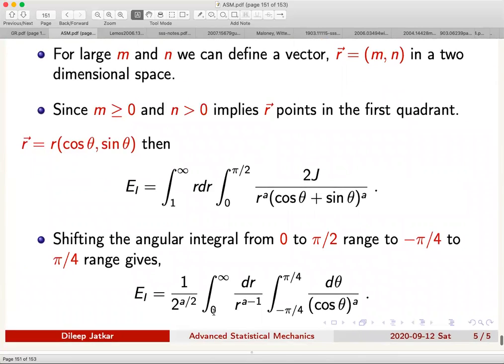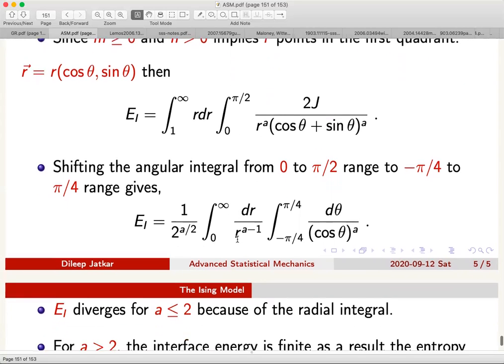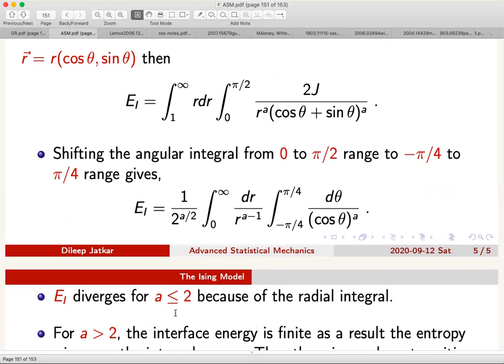So log of r at 1 gives you 0, but log of infinity gives you a divergent answer. And any power which is less than 2 would put higher powers of r in the numerator, and therefore that would also diverge. So if a is less than or equal to 2, the energy of the interface would diverge. On the other hand, if a is greater than 2, then the energy of the interface is finite.